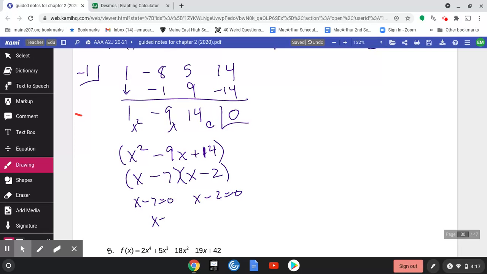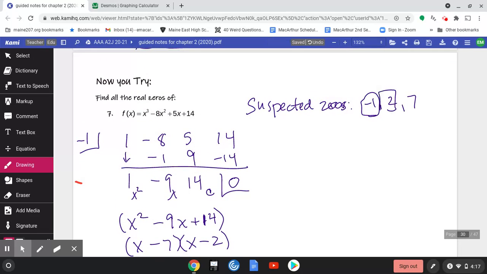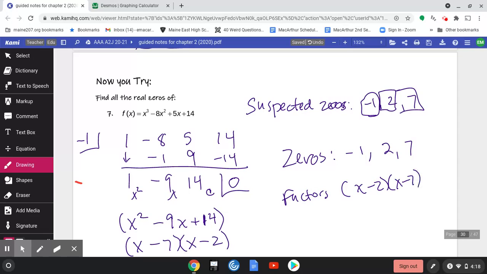So you get your x equals 7 and your x equals 2. So that's another way to show that 7 and 2 are in fact zeros. So we have our zeros, which are -1, 2, and 7, and our factors, which we just said x minus 2 and x minus 7, but we also have that -1 as a 0, so that'd be an x plus 1 for a factor. So that's what we have for number 7.